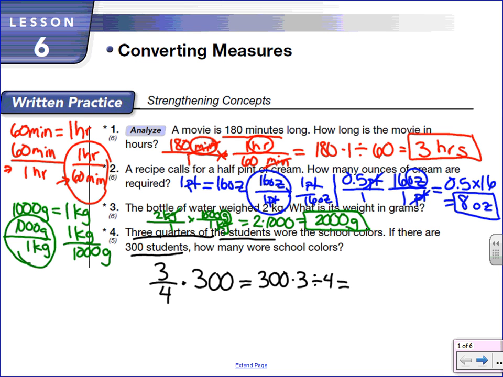Well, 300 times 3 is 900. Divided by 4 is, well, let's see.